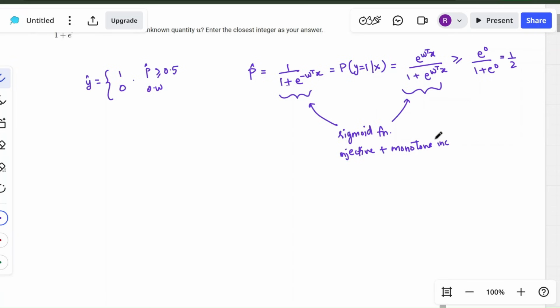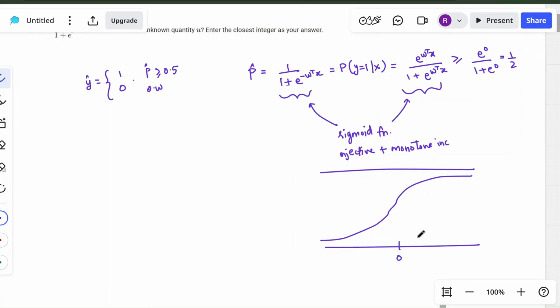Monotone increasing means that it increases with the value of W transpose X. So you must be knowing that it has an S shape. Let us say this is my 0. The shape is something like this. This is how the sigmoid function looks.